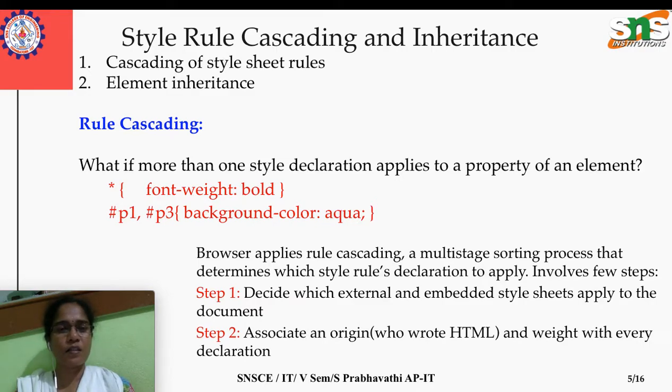Style rule cascading or rule cascading, both are the same. The concept behind it is what happens if more than one style declaration is applied to a single element. Take an example here. The universal selector, this star, means this style will be applied to all the elements in that HTML document; everything will be bold.